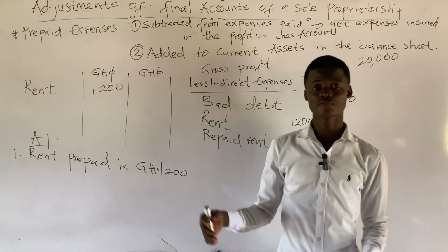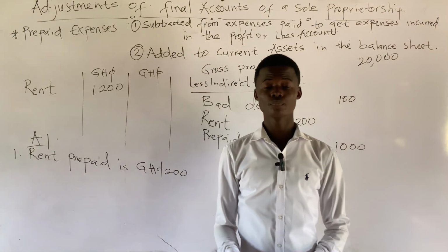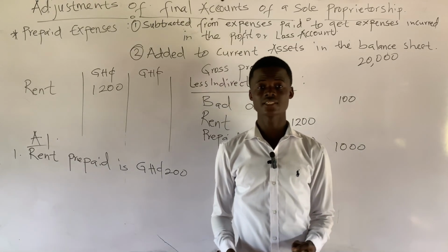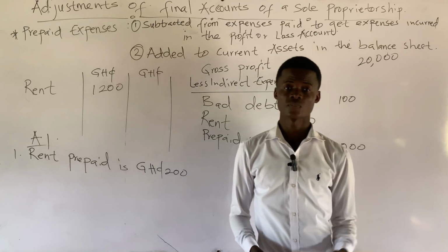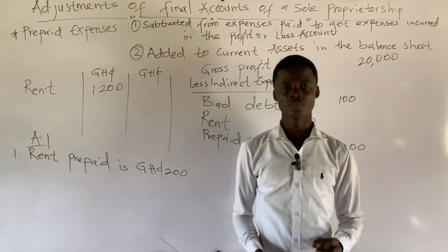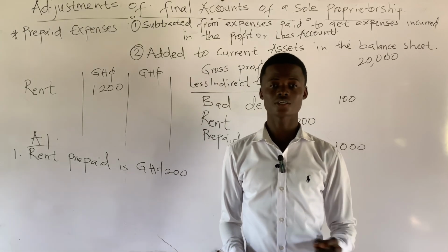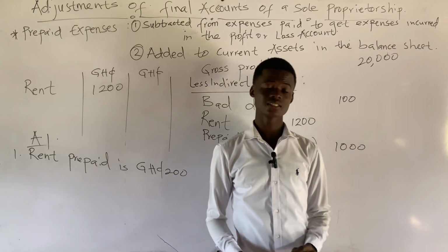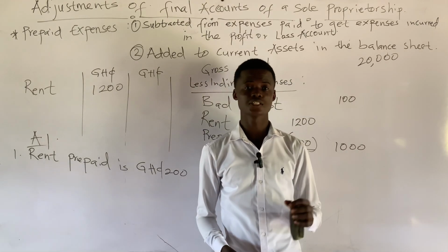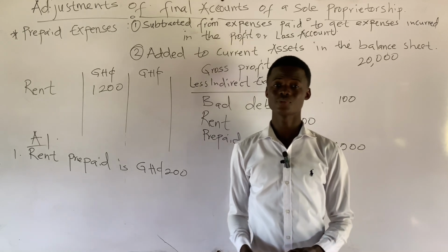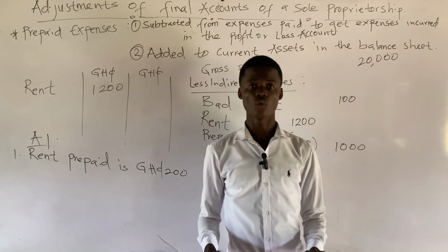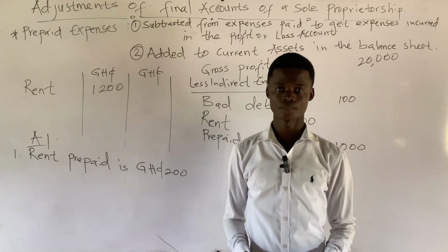So let's take the same rent for example. Assuming you are supposed to pay 1,000 cedis for your rent per annum, but you decided to pay 900 cedis for the rent. So in this case, the 1,000 cedis that you were supposed to pay is the rent expenses incurred, but the 900 cedis that you actually paid is the rent expenses paid. So since the rent expenses incurred, which is the 1,000, is more than the rent expenses paid, which is the 900 cedis, then we can say there is an expenses owings or expenses in arrears.